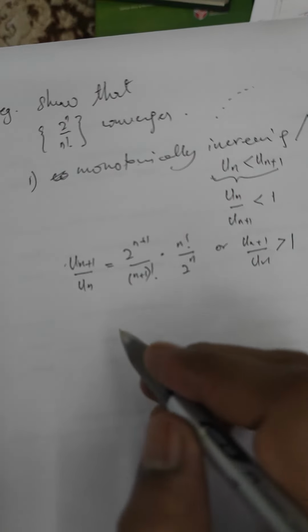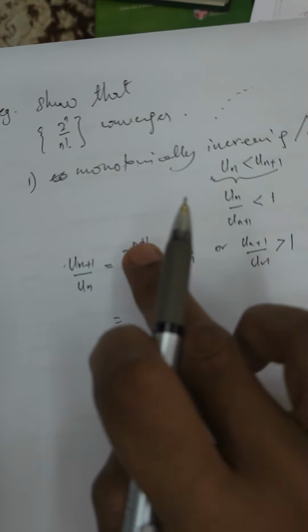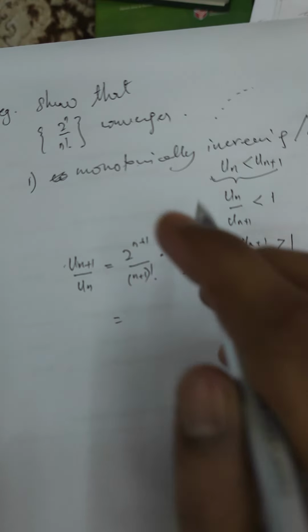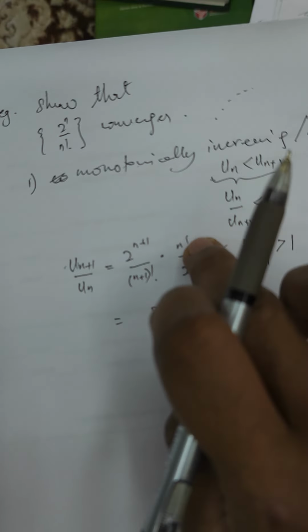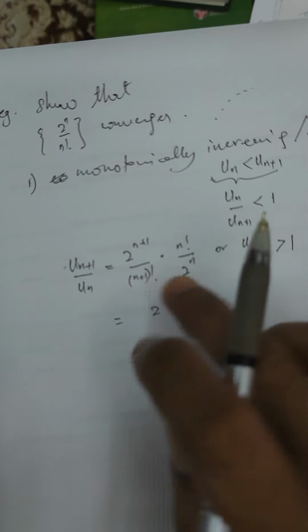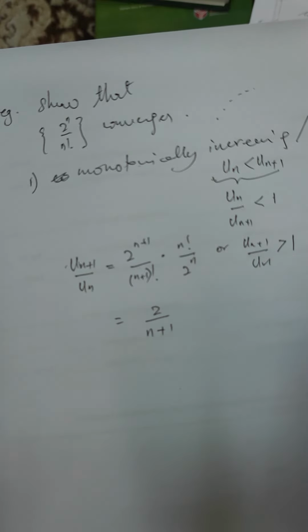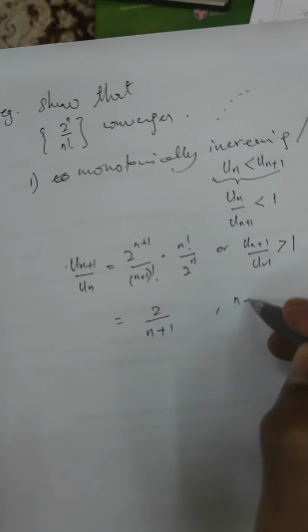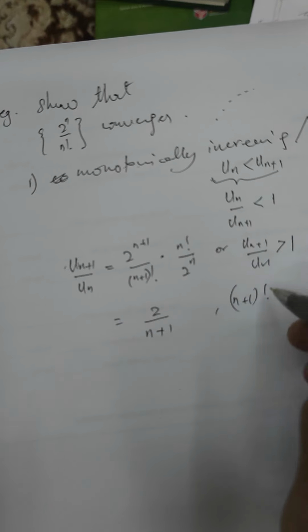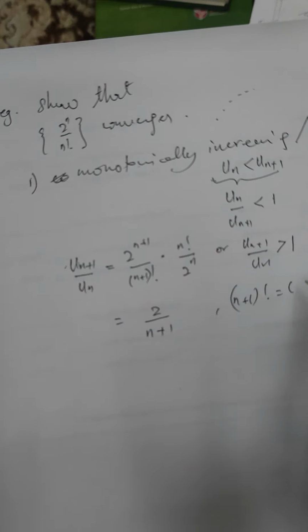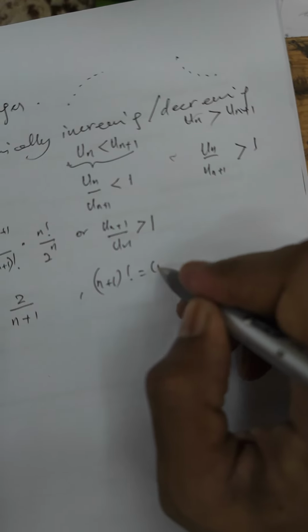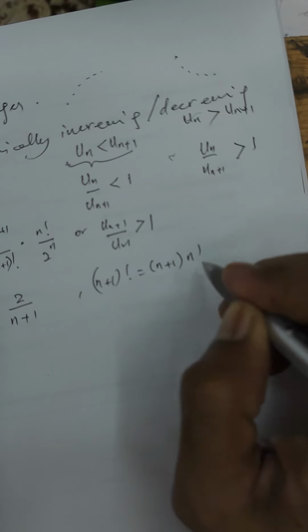So the powers of 2 cancel, leaving 2, and here we have n factorial over (n+1) factorial, leaving just n+1. The n factorial cancels out, because you can write (n+1) factorial as (n+1) times n factorial.